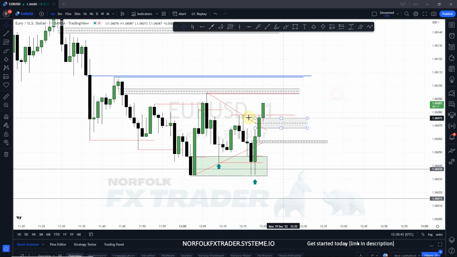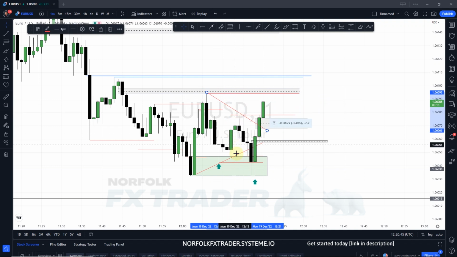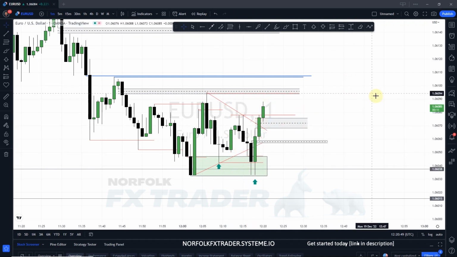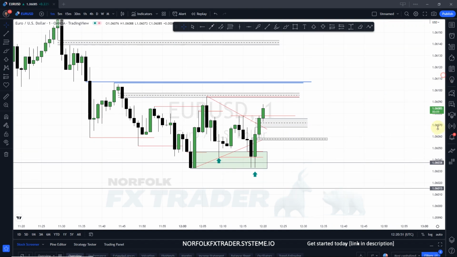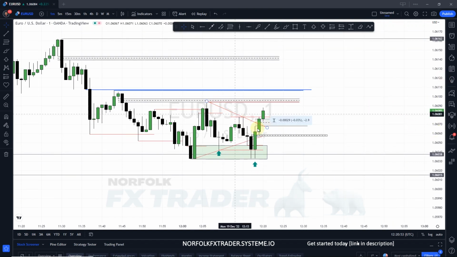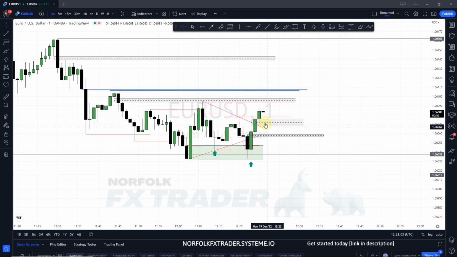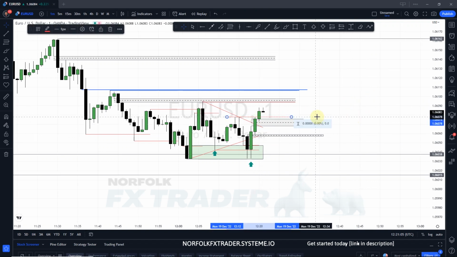That's our next area. Okay, so you can see we had the manipulation to the downside, then we got the continuation up. And again, look, this wasn't hindsight. I told you about this triangle, this formation, how they manipulate it and push the market up. So we've closed through this high, which is good.